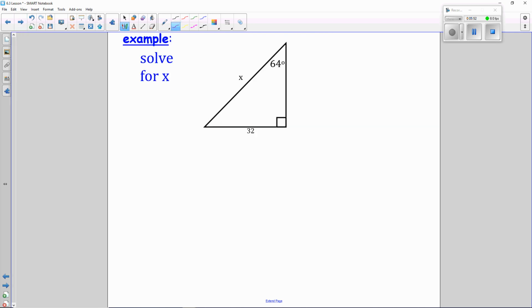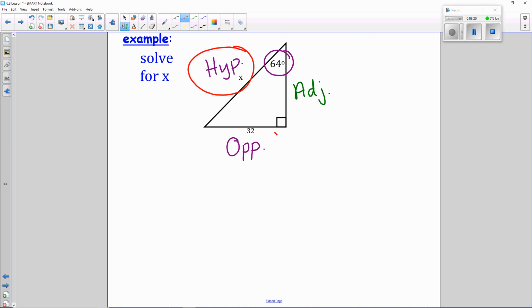All right, so this next one, same idea. This time our angle is up here in the top right corner, 64 degrees. So cover up the 64-degree angle with your hand, and you'll see that 32 is the opposite side, and x is opposite the right angle, so it's the hypotenuse. This other side's the adjacent side, but we're not really going to use that because there's no number, no letter on the adjacent side.